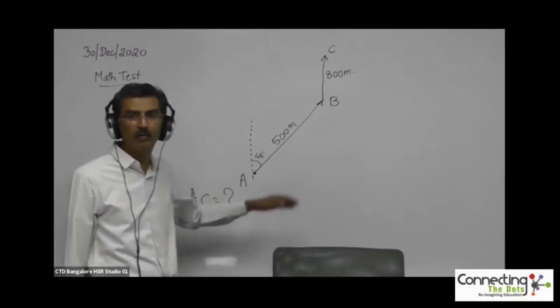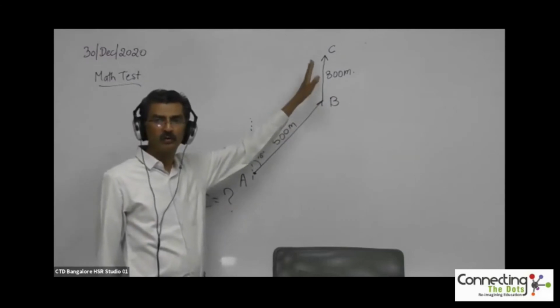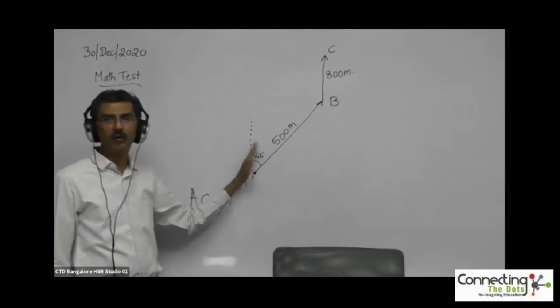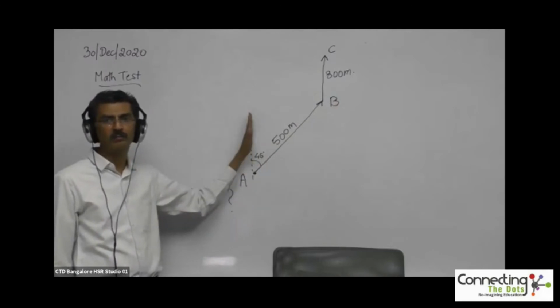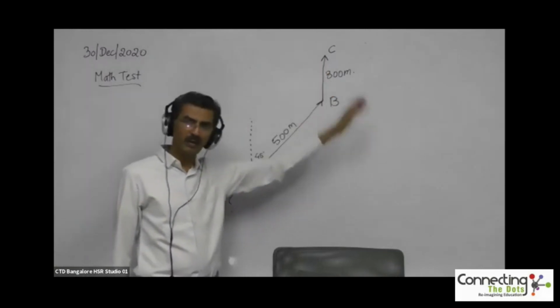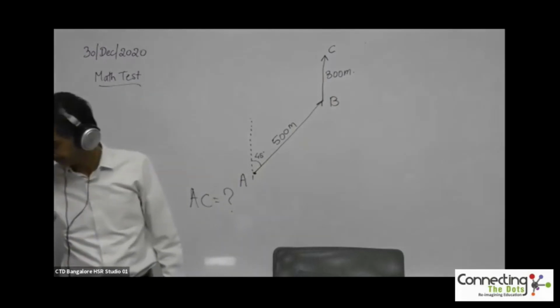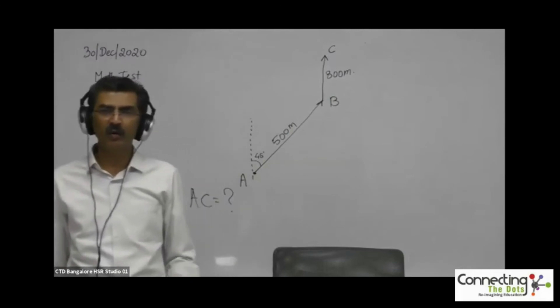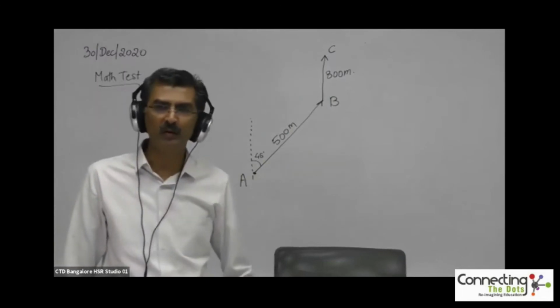Yes, BC is north. It's due north, and this is northeast. So this is 45 degrees off from north, and this is exactly north. You don't have to give me the final answer, really. You just have to tell me how to go about it. That's all we're going to do.